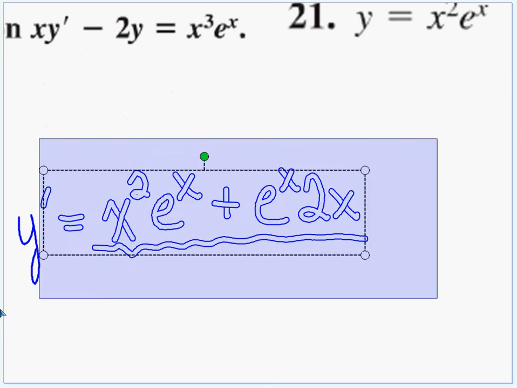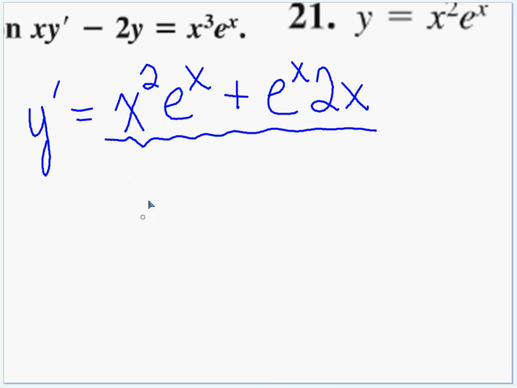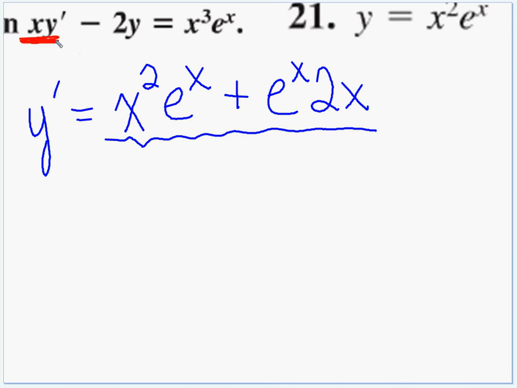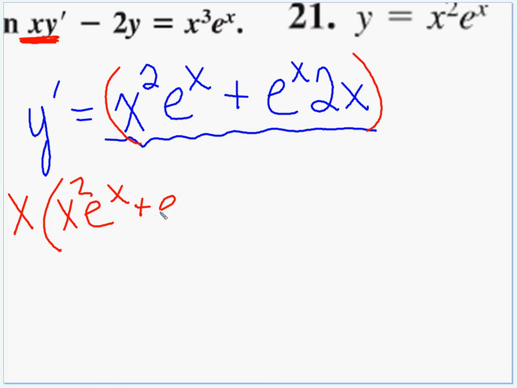So let me move this up here. So let's see. Here we've got x times y prime. So we have x times this, our y prime. And I'm going to put it in here, x squared e to the x plus e to the x 2x.